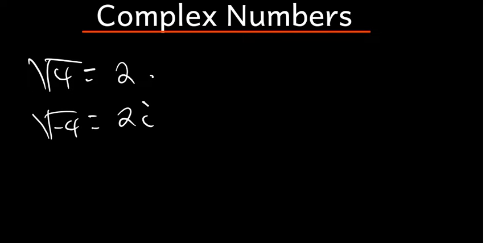Why is it 2i? Because this is an imaginary number, this is not a real number. There is no real square root of -4. If you punch it into the calculator, it's going to give you a math error. So in short, it is undefined, so we're going to assume that it is imaginary. That's the reason why we're going to say that the square root of negative 4 is 2i. You get my point, right?